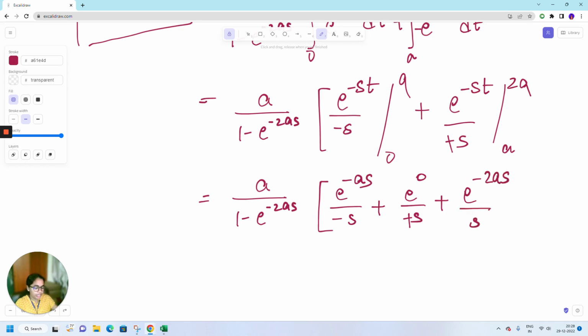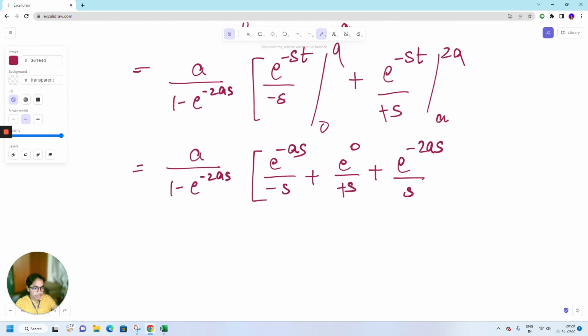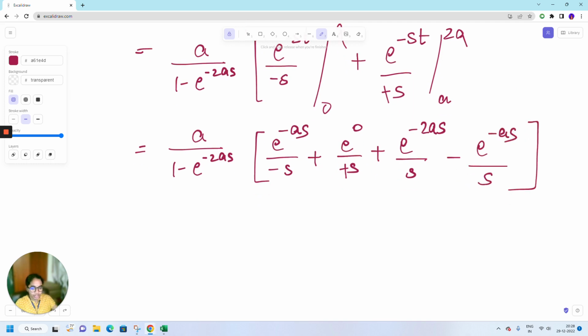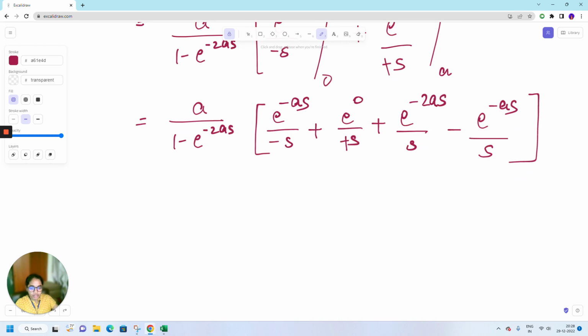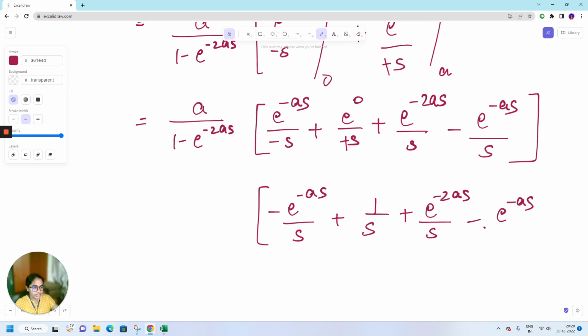Wherever we have t, we apply the limits. Upper limit minus e power minus as divided by s. So now we can write this as minus e power minus as divided by s plus 1 divided by s plus e power minus 2as divided by s minus e power minus as divided by s.